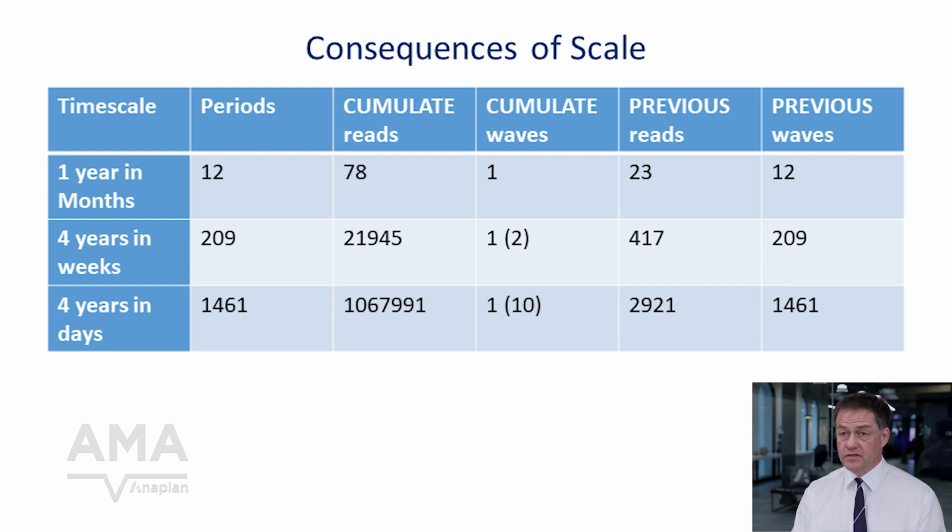And the parallelism of it, in that case, will outweigh the inefficiency. But if, for instance, you go to a 4-year timescale and it's in days, you can see that Cumulate is doing 500 times more work than the equivalent previous. And that means that no matter how parallel you make it, it's going to be slower.